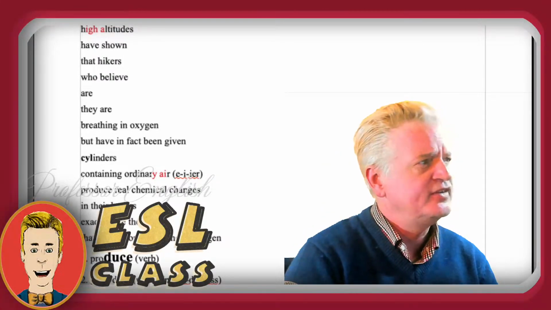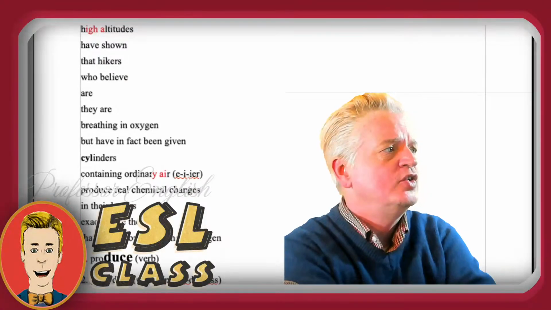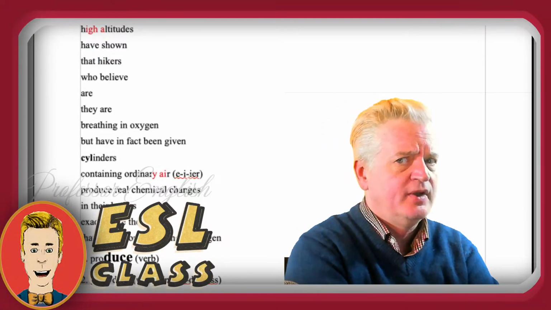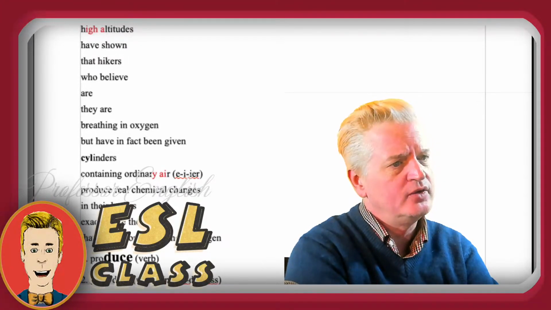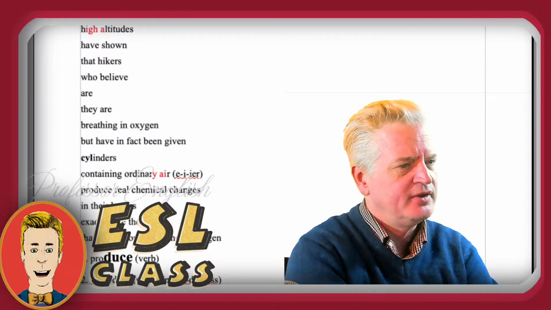High altitudes have shown. Okay, now let's take a look at the next two words. That hikers. So we have three vowel sounds in that phrase. What do you think about the first word? That. Is that long or short?